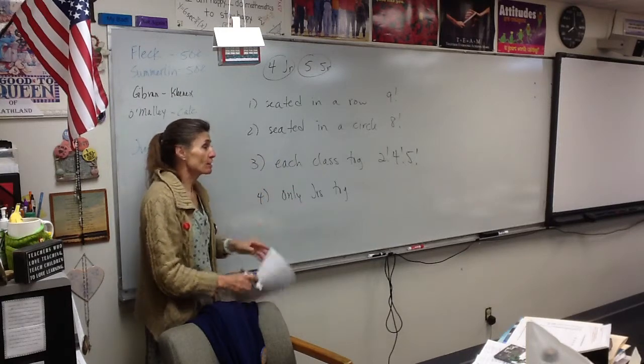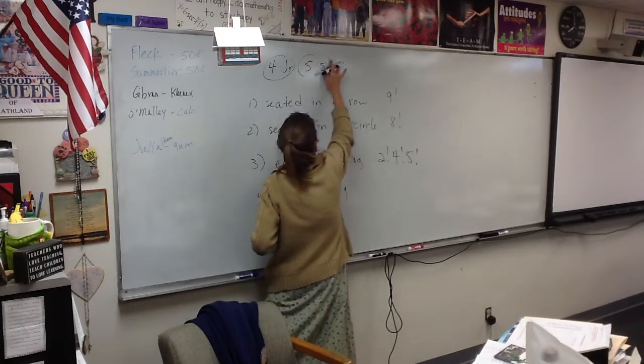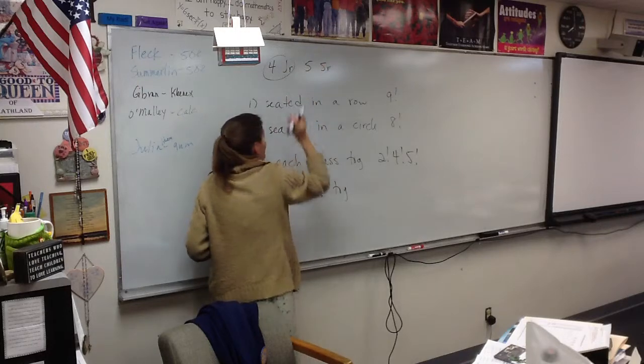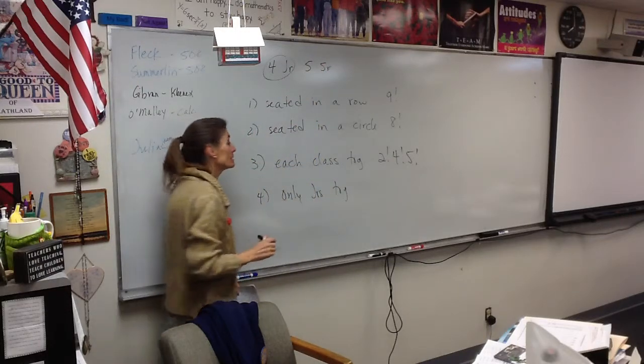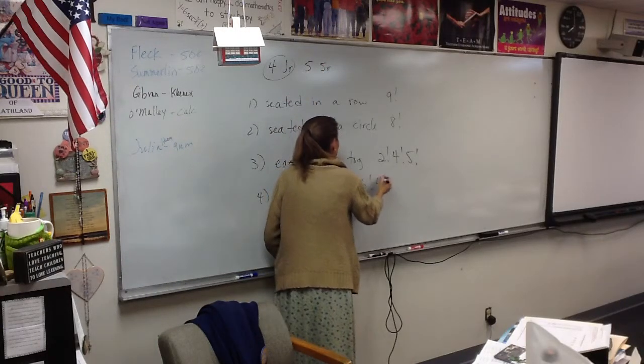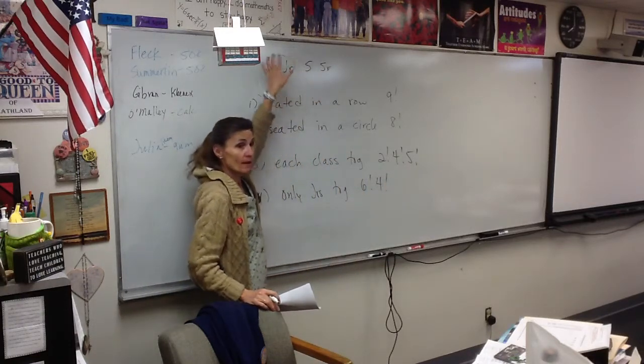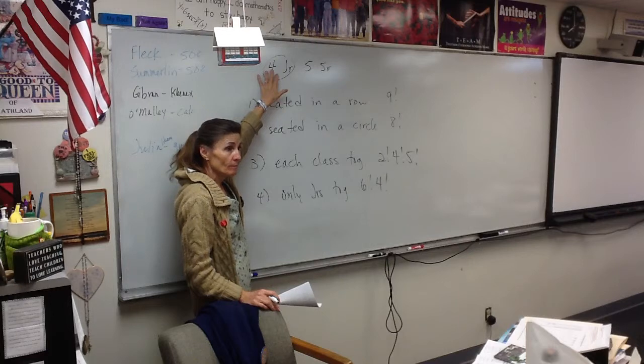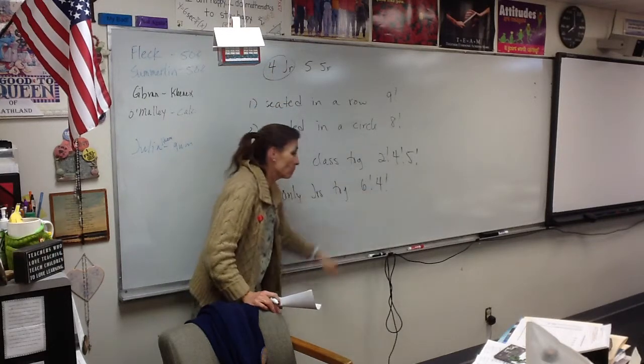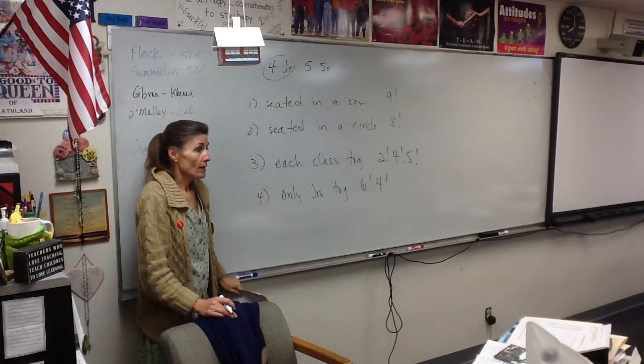Only the juniors have to be kept together: 6 factorial, 4 factorial. Why 6? Because there's 5 and 1 more, and then that bundle is the 4 factorial. Okay, everybody good with that?